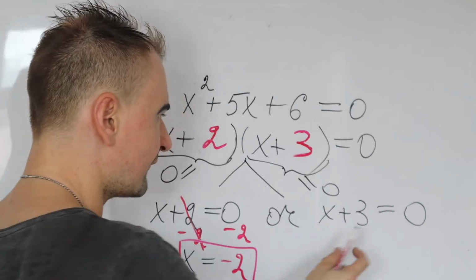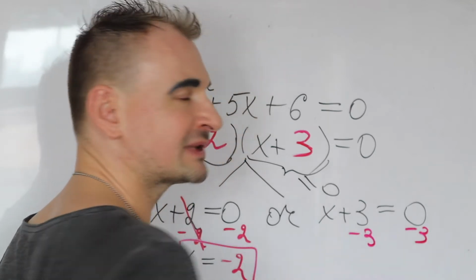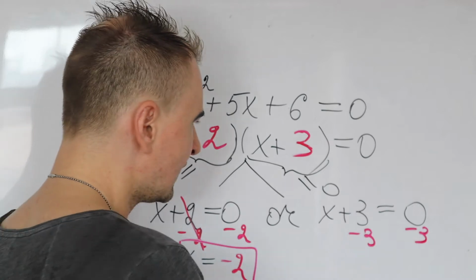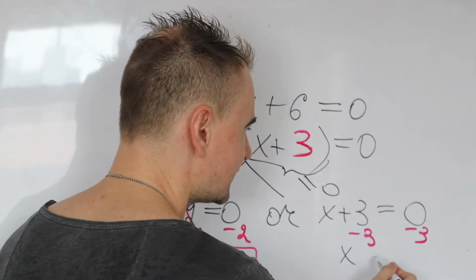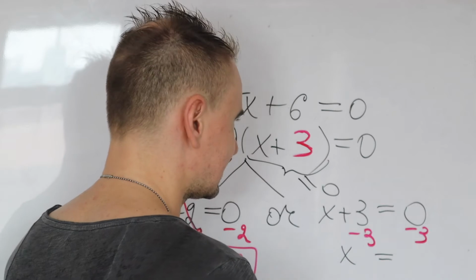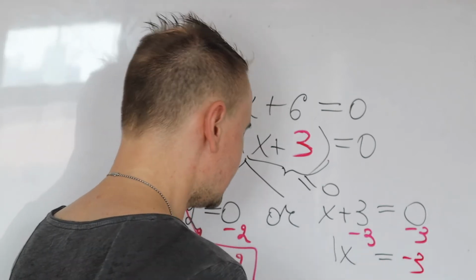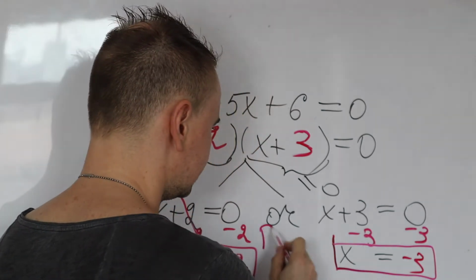Moving on, similarly, in the same way, we want to take away 3 from both sides. So on the left side, we're making x the subject, it becomes just negative 3. This is your second solution, or second root.